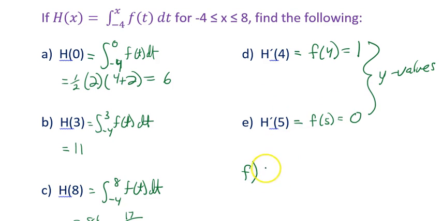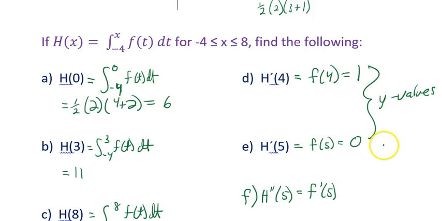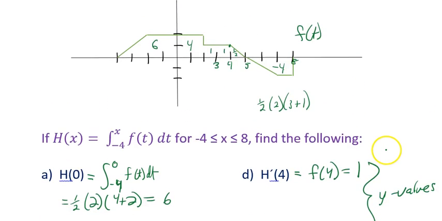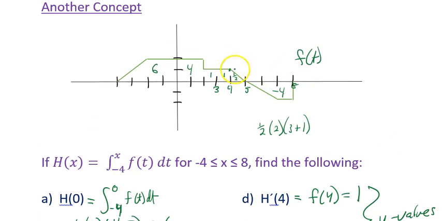Let's say that we wanted to find h double prime of 5. Okay, what would h double prime be? If h prime is f, h double prime would have to be f prime. So when I look on the graph, since I'm looking at f, and if I wanted the derivative at 5, what am I looking for?